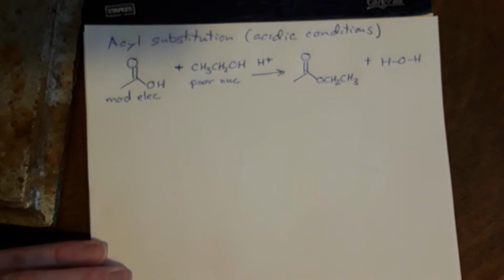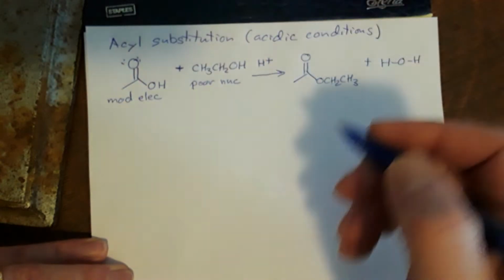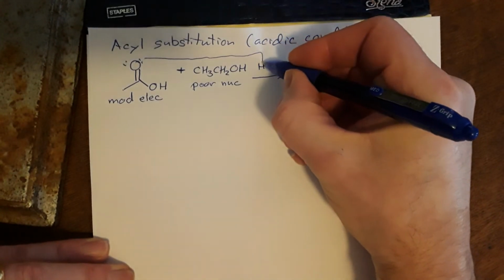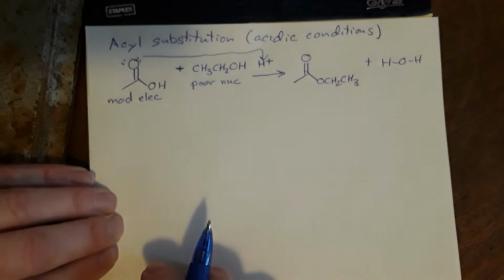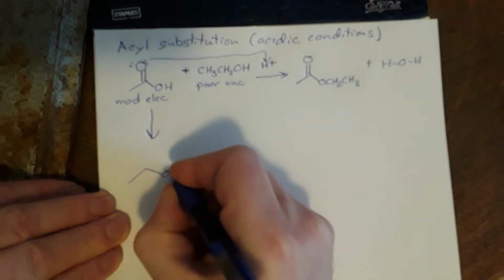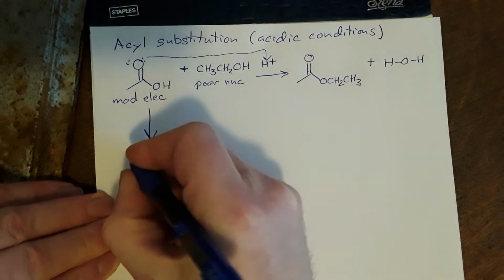of the carboxylic acid. So, as you are used to seeing in acid-catalyzed mechanisms, the first thing that happens is that protonation occurs. So, if protonation occurs, then what we have here is a much better electrophile.